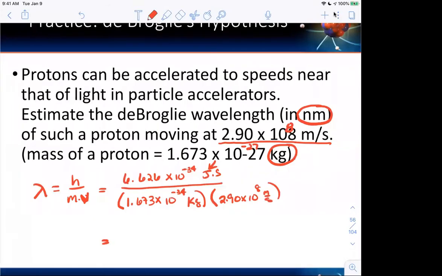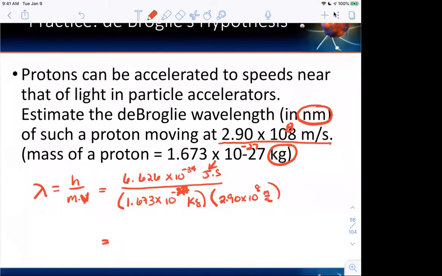When I do this in my calculator, what I'm going to find out is I have 6.626 times 10 to the minus 34 divided by 1.673 times 10 to the minus 27, and then divided by 2.9 times 10 to the 8th.